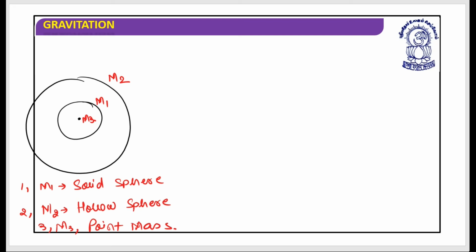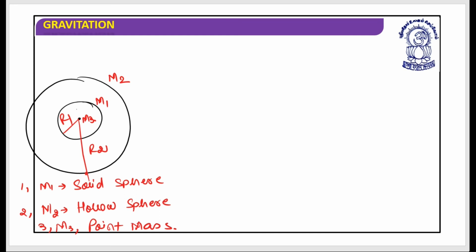This is the radius, let's call it R1. This radius is R2. You need to find out the gravitational potential at these locations. Let me redraw this.